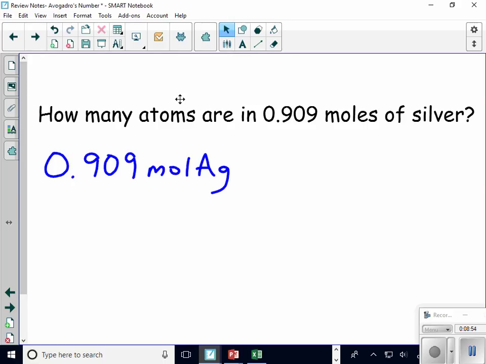Do not become what I call a plugger. A plugger is that person that just punches buttons into the calculator and does the math on their calculator.